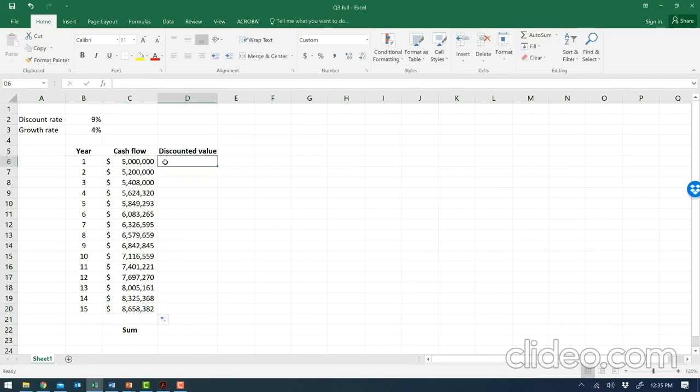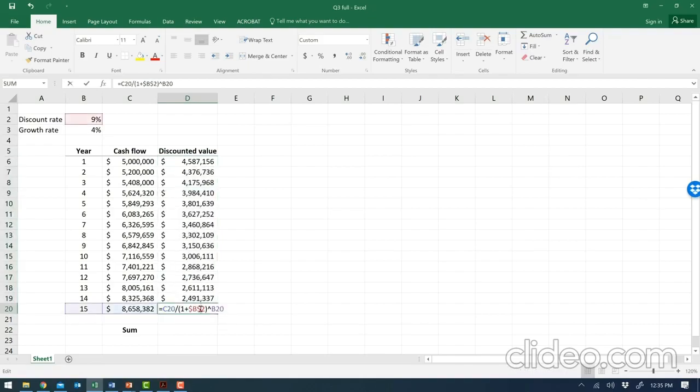Now, in the next column, I will discount each of these cash flows individually to present. So the present value of the first cash flow will be 5 million divided by 1 plus the discount rate of 9%, raised to the power 1, this is the year when this cash flow occurs. And we'll continue doing so all the way to year 15.